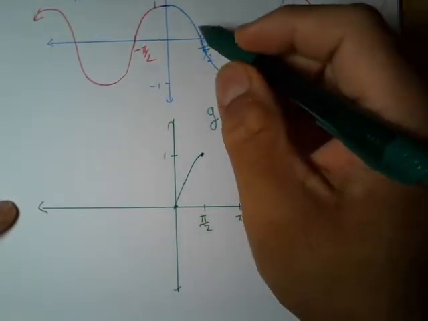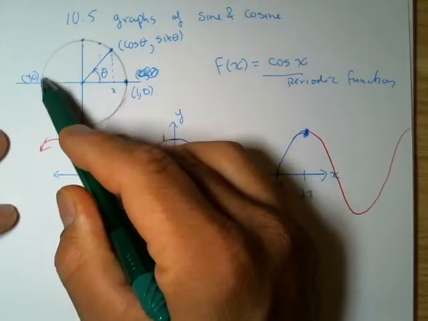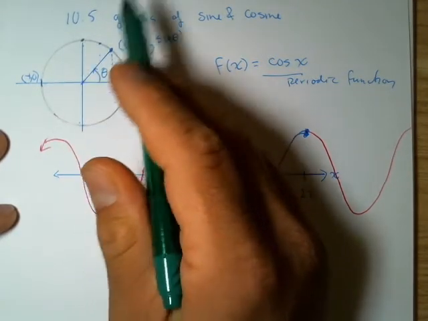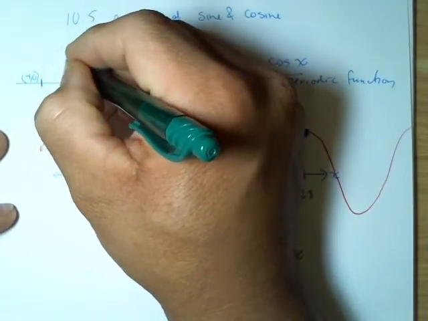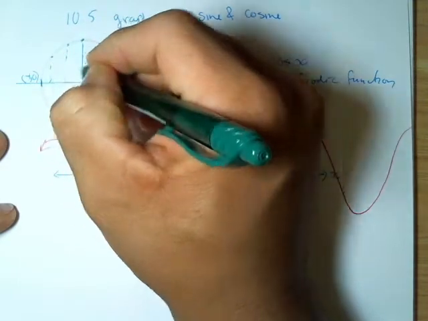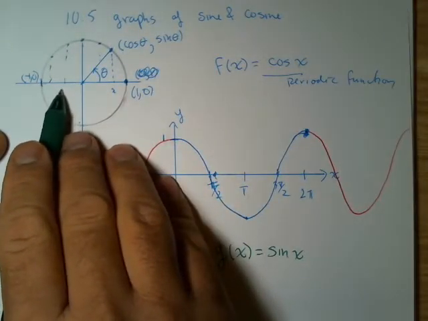And then what happens after that? Let's look at the next quadrant. Between pi over 2 and pi, the values of the sine start getting smaller and smaller, until we get to pi, where the value of the sine is 0.